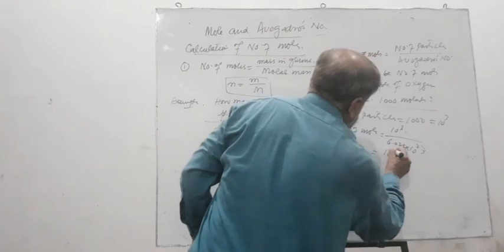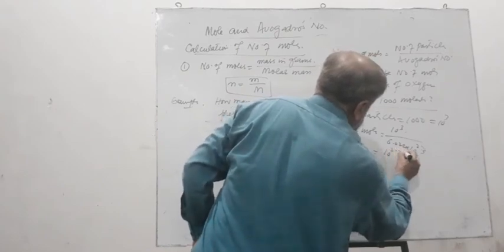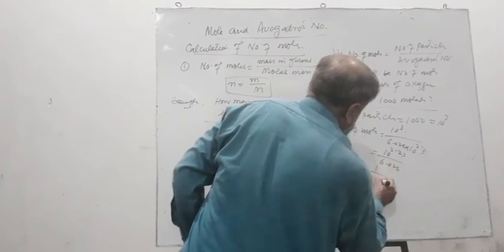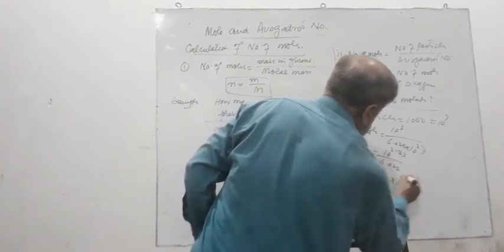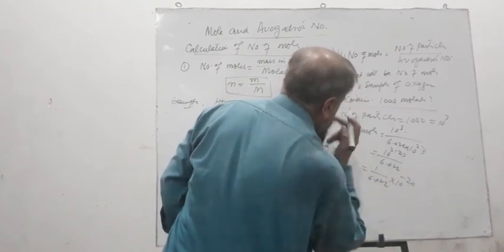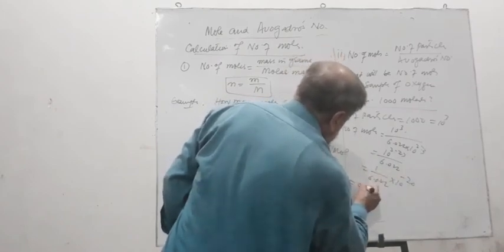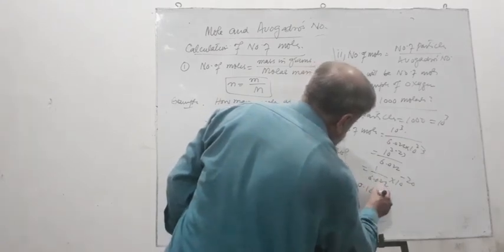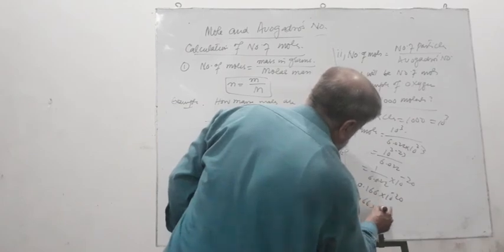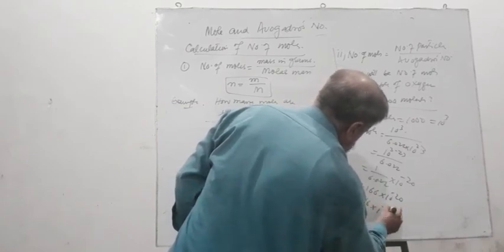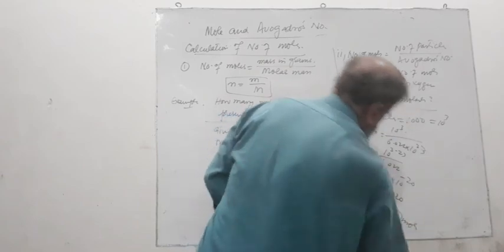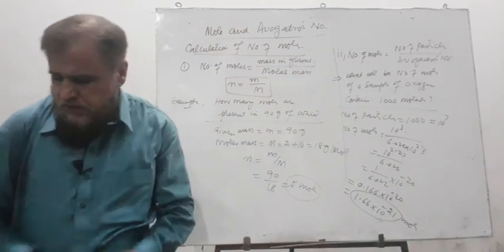We get 10 to the power 3 minus 23 divided by 6.022, 1 by 6.022 times 10 to the power minus 20, or if we approximate it, we get 1 by 6 into 10 to the power minus 20, or 0.166 into 10 to the power minus 20, or 1.66 into 10 to the power minus 21 moles.